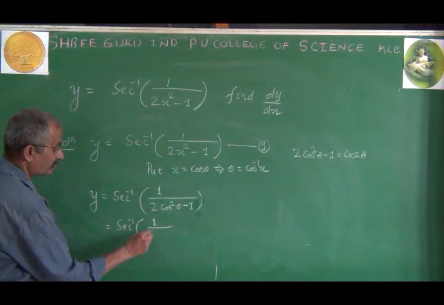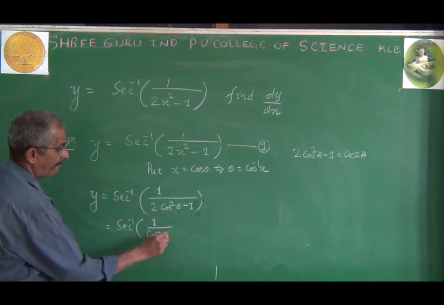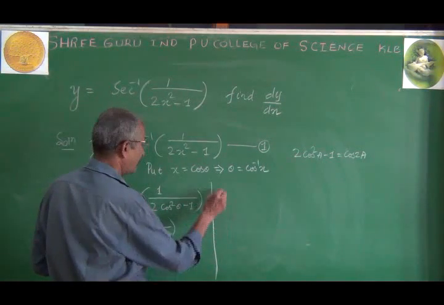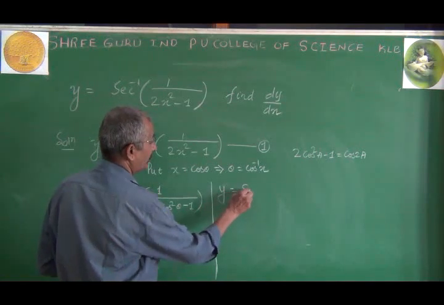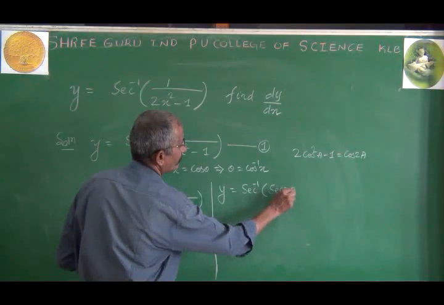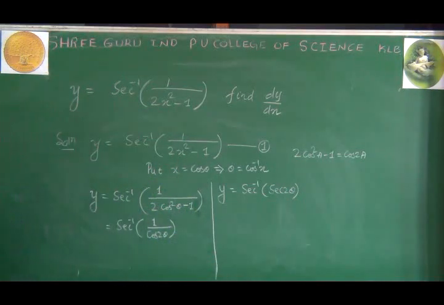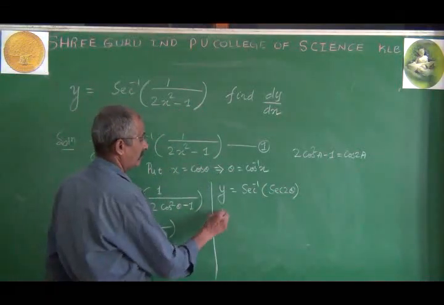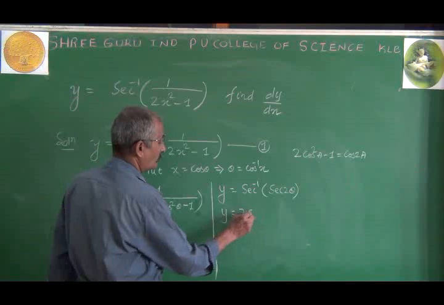So we have 1 divided by cos 2 theta, which may be written as sec 2 theta. So y equals secant inverse of secant 2 theta. By inverse trigonometric function formulas, sec inverse of sec 2 theta means only 2 theta. Therefore, y equals 2 theta.